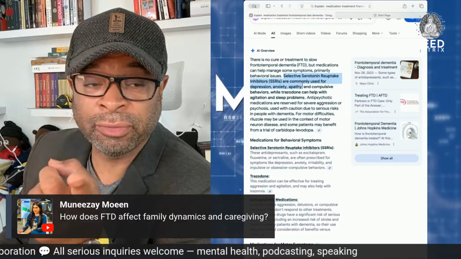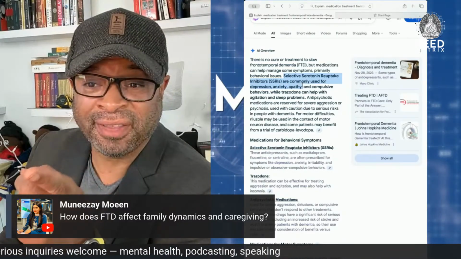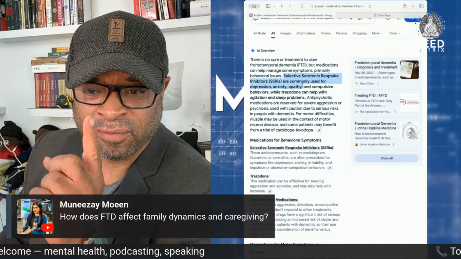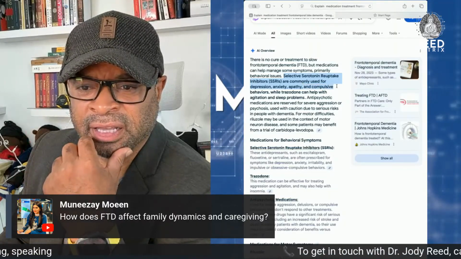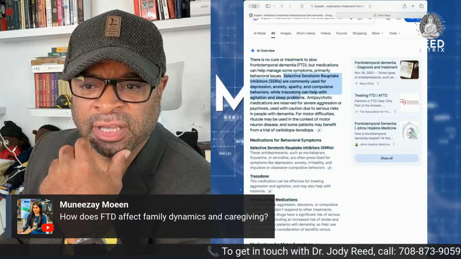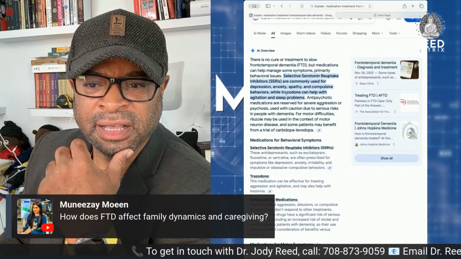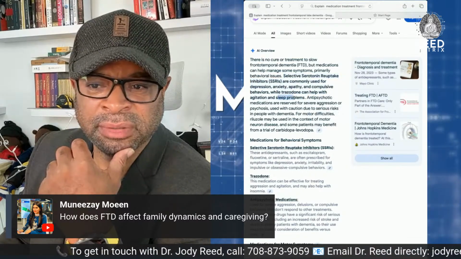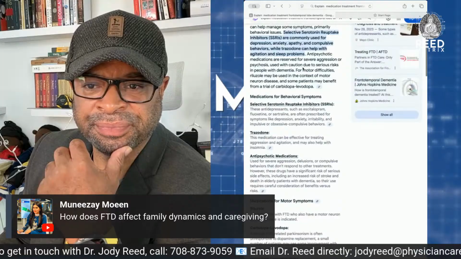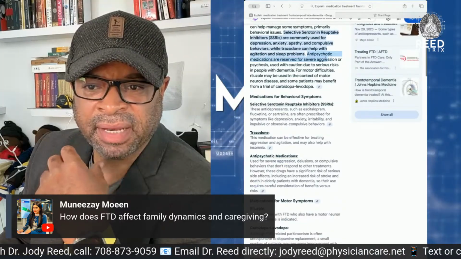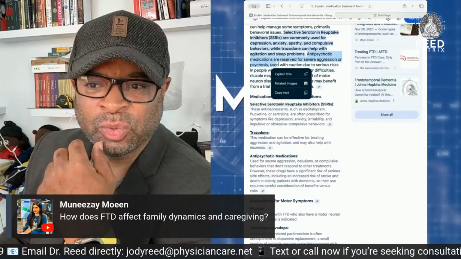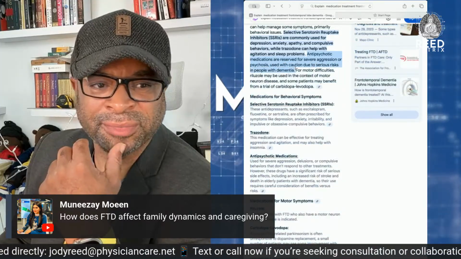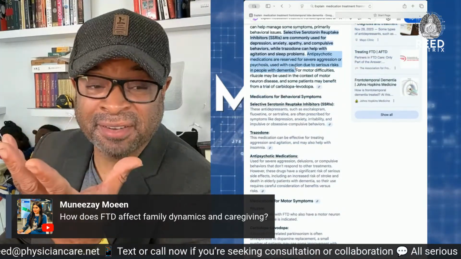I would still go with the mood stabilizers for apathy, because I think it's a more complicated issue than just serotonin. And for compulsive behaviors, while trazodone can help with agitation and sleep problems, I would say trazodone can help with sleep issues, but not the agitation. Antipsychotic medications are reserved for severe aggression or psychosis and are used with caution because of serious side effects for people with dementia.